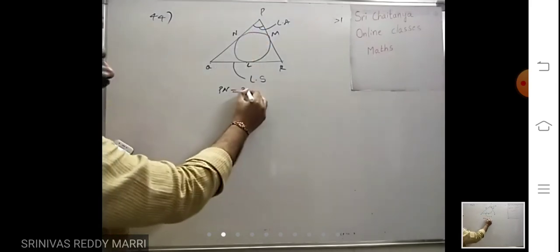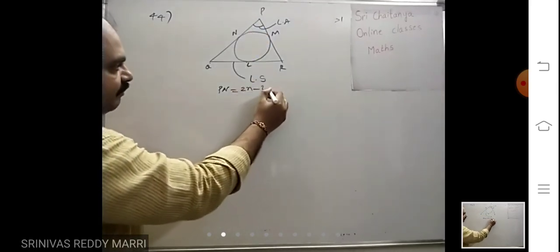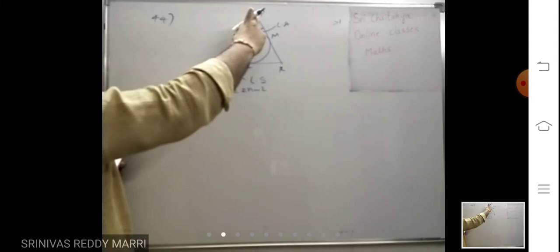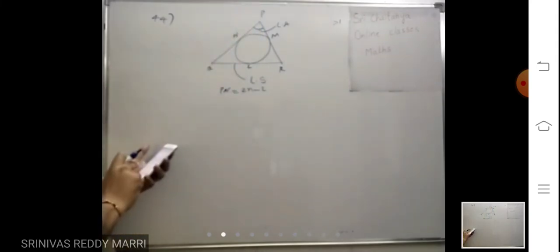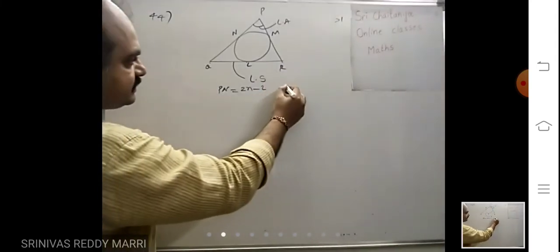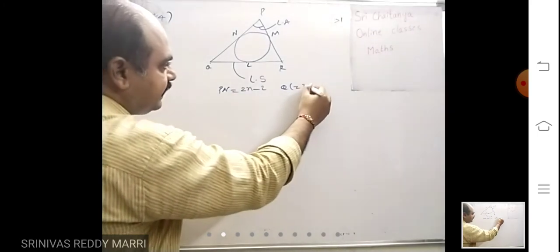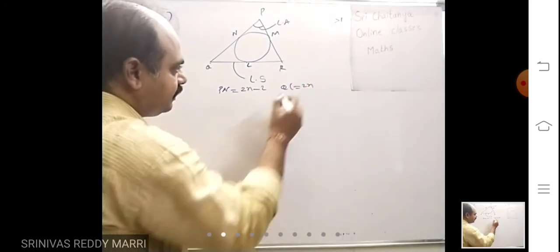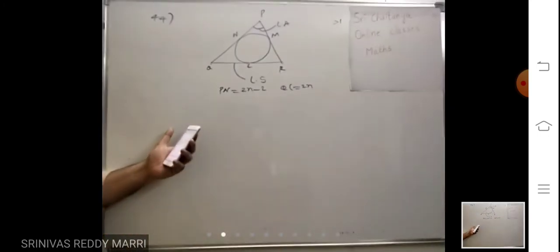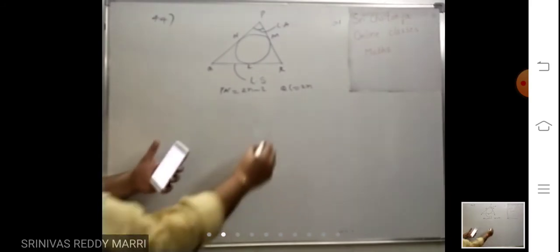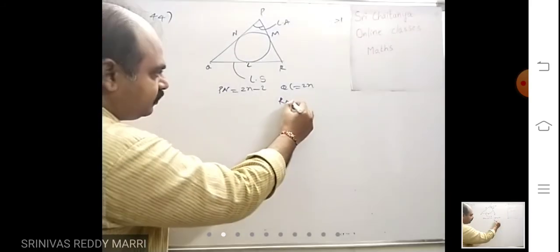That means PN I am taking as 2n minus 2, QL I am taking as 2n, and then RM I am taking as 2n plus 2.